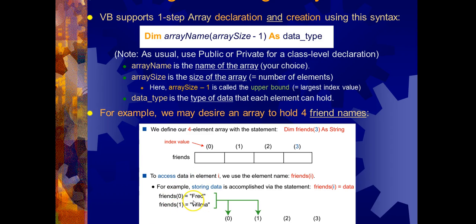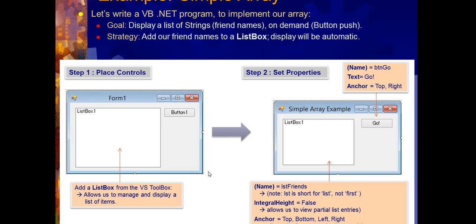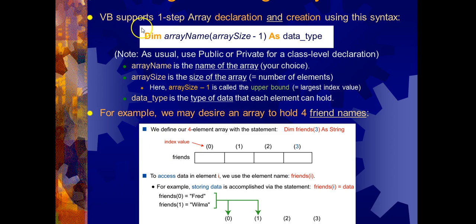But first you have to declare friends. You'd declare an array like this: you'd say dim friends, then open bracket, close bracket, and then you put the size of the array as well. Here, this array is of size 3.